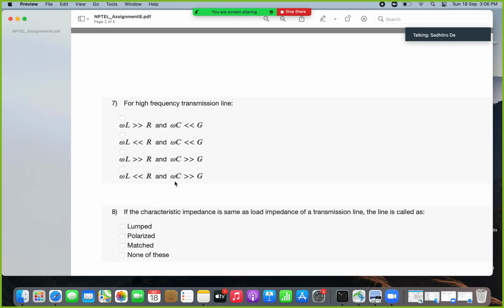The opposite of that is conductance, that is omega C, capacitive conductance. So if omega is very large, then omega C is much much greater than G. So the condition for a high frequency transmission line is that omega L is much much greater than R and omega C is much much greater than G, right?